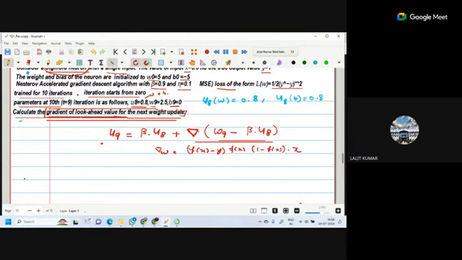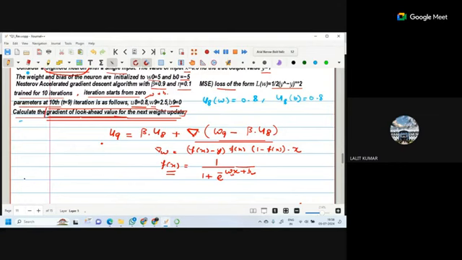So I have to calculate fx. Now fx is 1 over 1 plus e to the power minus (w into x plus b). So my fx depends on both this w and b.